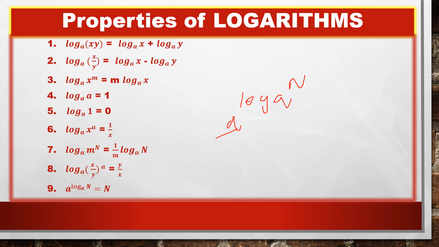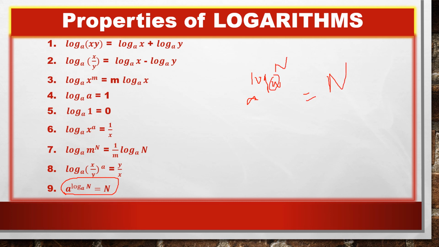Okay, if you see all these properties, before log there is no value. But for this formula you will have one value. This one is different from all of these. So a to the power log n base a will be simply n only. When these two are same, then this is your answer.